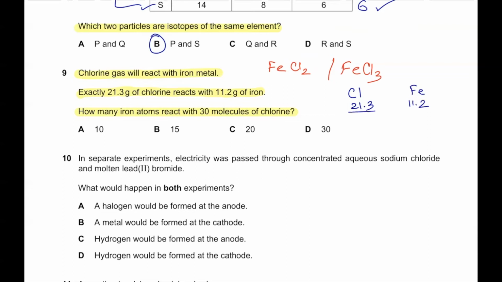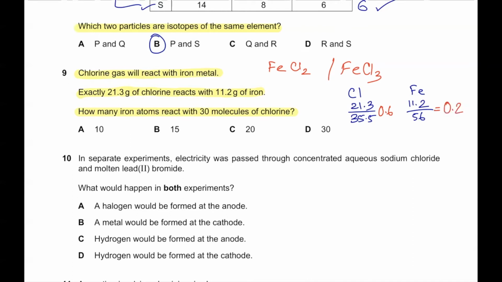So we divide by 35.5 and by 56. 21.3 divided by 35.5 gives us 0.6, and 11.2 divided by 56 gives us 0.2.